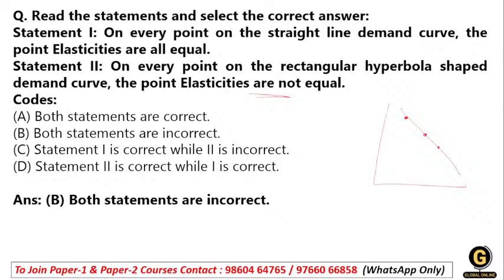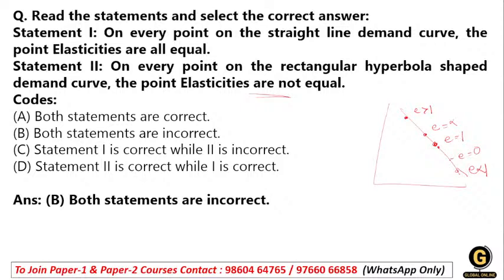The elasticity is high at the upper portion, where it is greater than 1, but as we come lower down, the elasticity is less than 1. At this point the elasticity equals 1, here it is infinite, and here it equals 0.